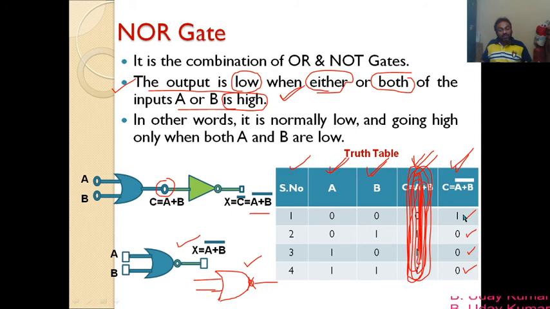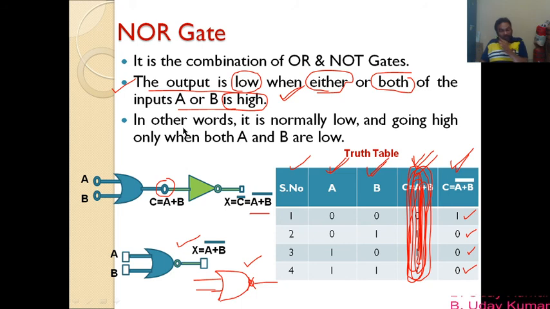And at which condition are we getting the output as high? When both A and B are zeros, then we are getting the output as high, right? So that definition is mentioned in this step. So in other words, the output of NOR gate is normally low and going high. At what condition is the output high? When both the inputs are zeros. 0 means low.